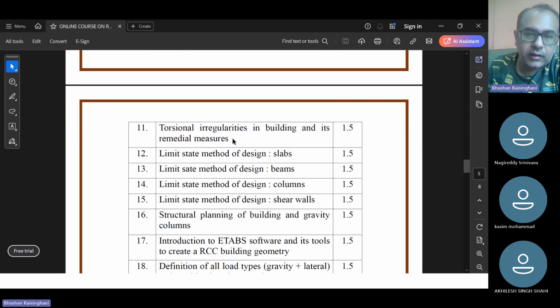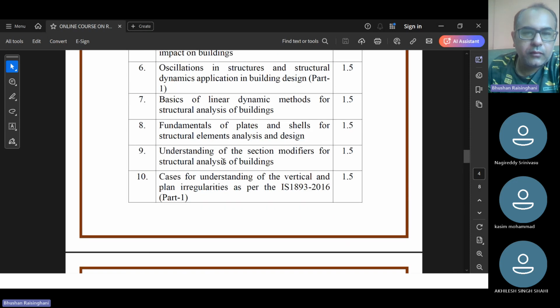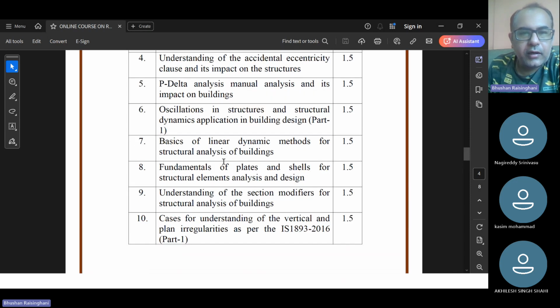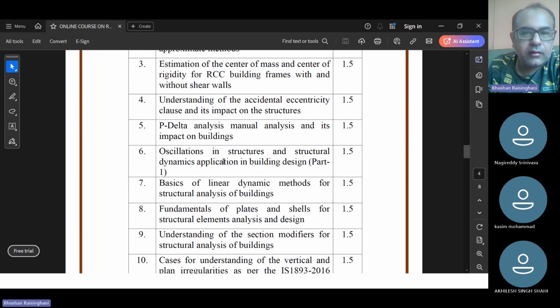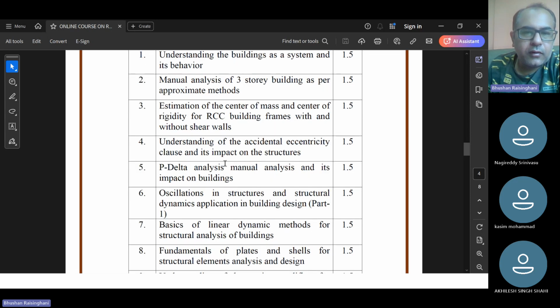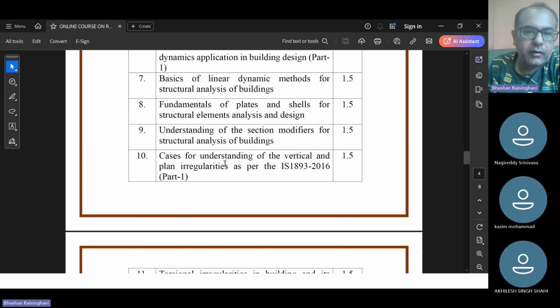After that, the fundamental understanding covers the elements used for the model, what the irregularities are, what the methods of analysis are, what P delta analysis is, what accidental eccentricity is, and how to calculate center of mass and rigidity. Then the manual methods, the behavior of structural systems and of buildings.